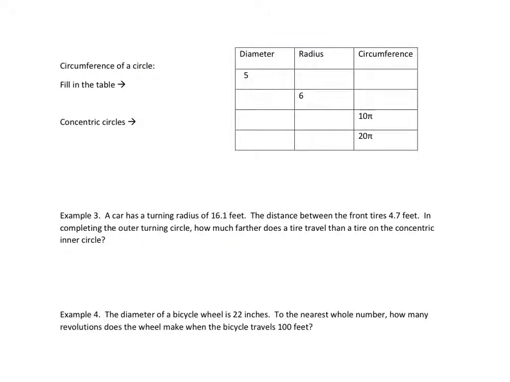So you should also know the circumference of a circle. It's diameter times pi. So the circumference is the perimeter of a circle, so the distance around the circle. Or you can do 2r pi, same thing, because twice the radius is the diameter. So if we know the diameter is 5, then the radius has to be half that.